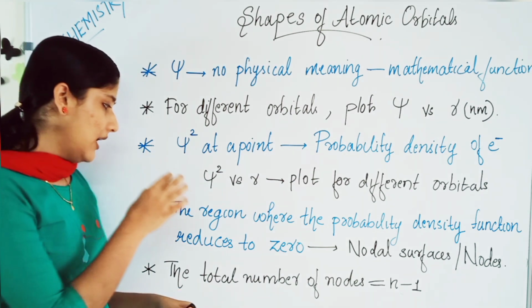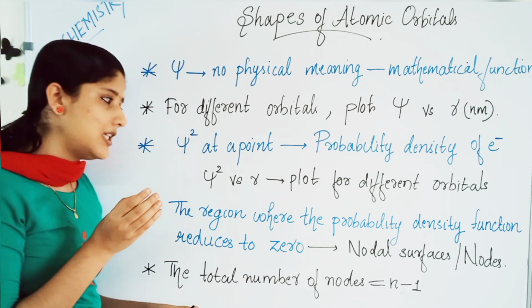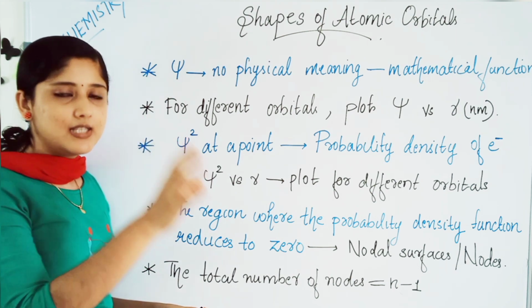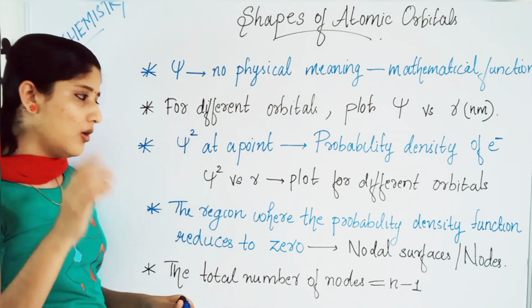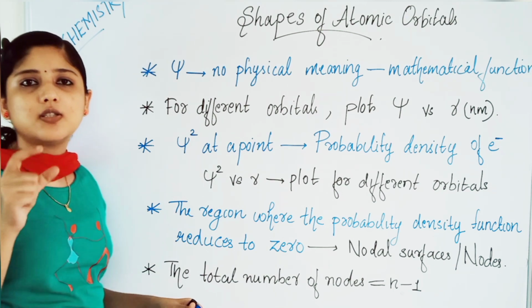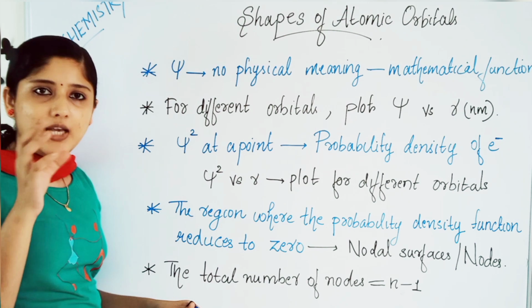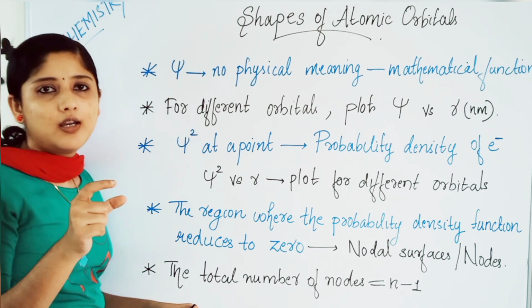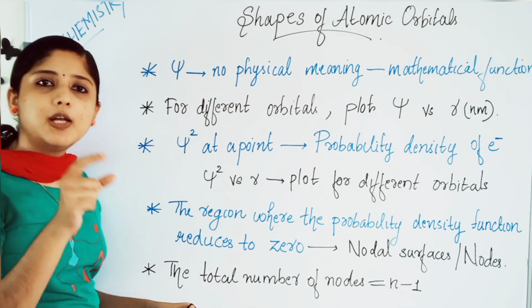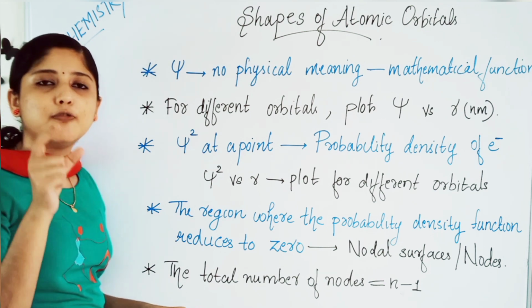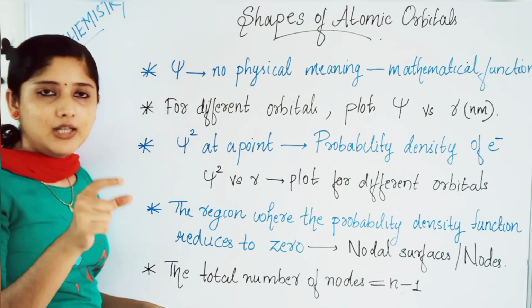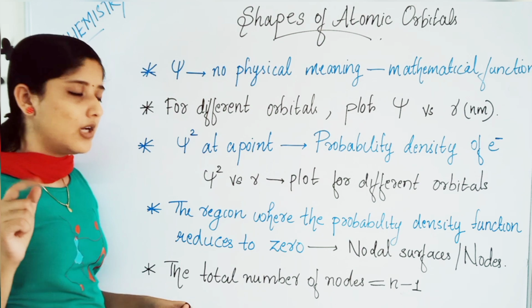Another point is that the region where the probability density psi square is 0 is called nodal surfaces or nodes. Inside an atom, there are places or surfaces where the probability density, or the probability of finding an electron, is 0. Those places are called nodal surfaces.